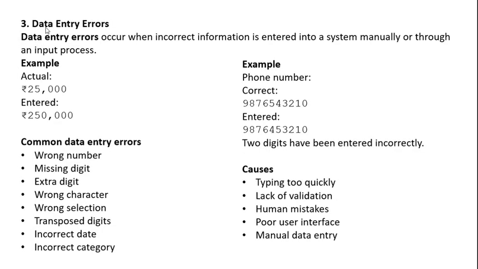The third is data entry errors. Data entry errors occur when incorrect information is entered into the system manually or through the input process. For example, the actual amount is 25,000 rupees, but 2,50,000 is entered, and this is an error.